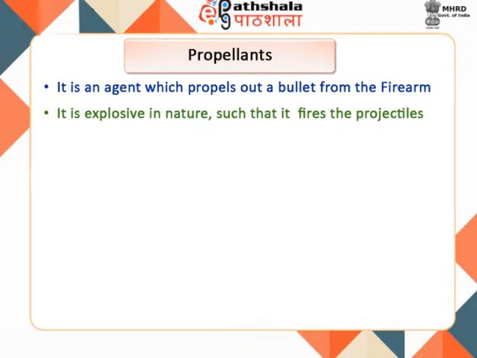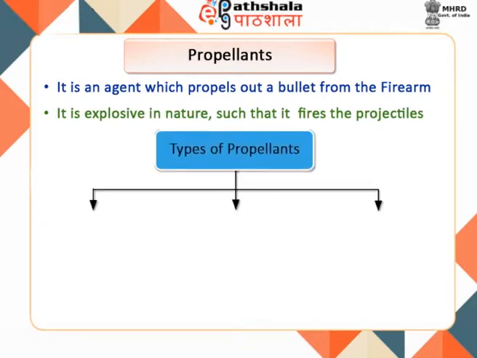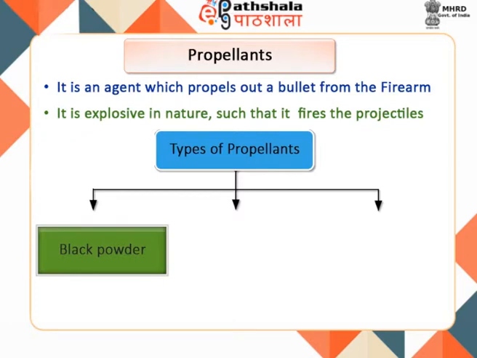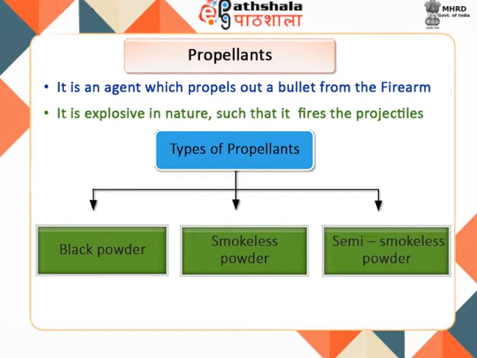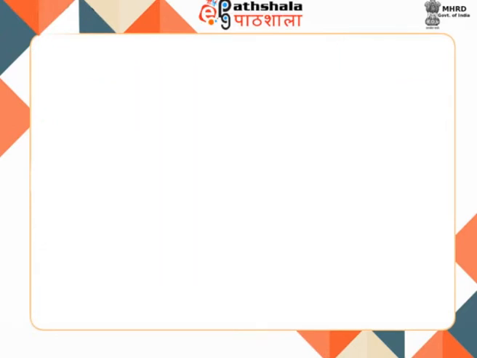The powder charge gets ignited through the primer and converts into gas quickly, resulting in development of high pressure in the cartridge and forcing the bullet to get out of the barrel. Further, three types of propellants are generally used: A. Gunpowder or black powder, B. Smokeless powder, and C. Semi-smokeless powder.